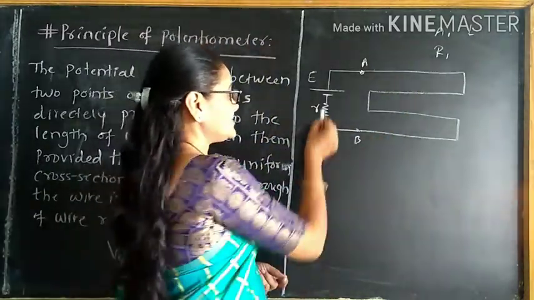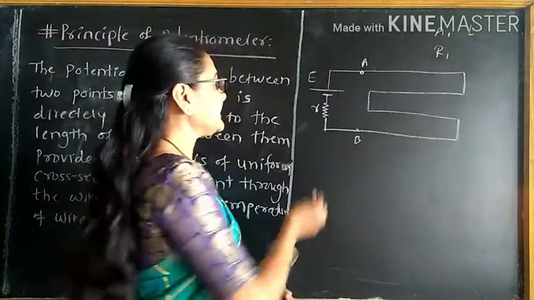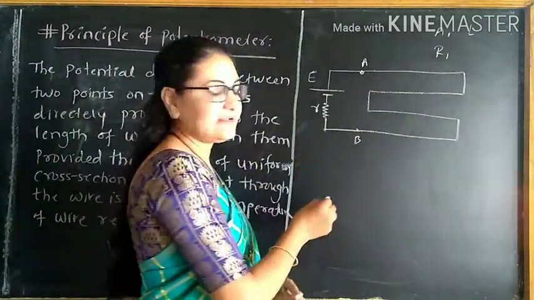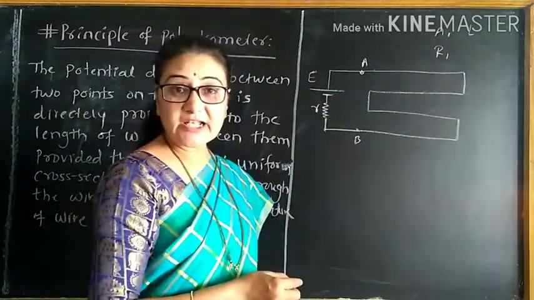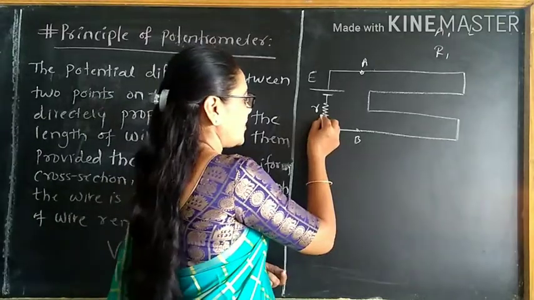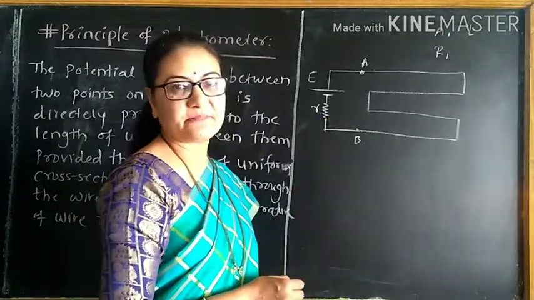Now, one source of electricity is connected. E is the EMF of that cell. It has very small internal resistance. Let me draw that resistance r.